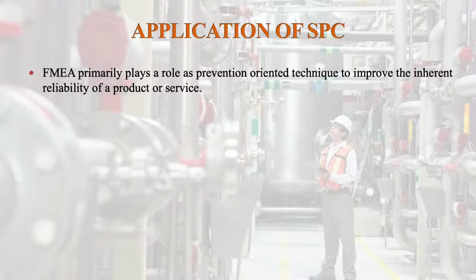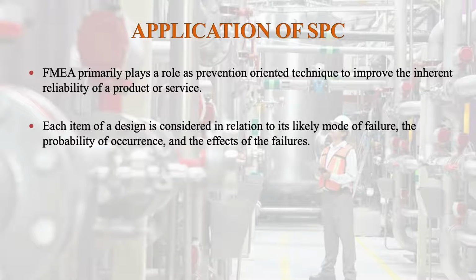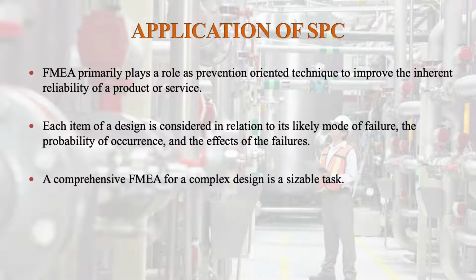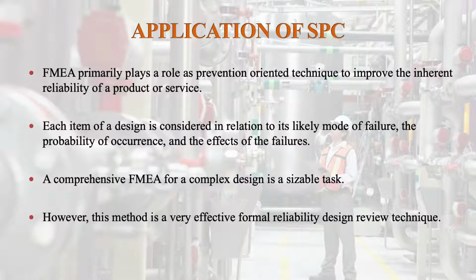FMEA primarily plays a role as a prevention-oriented technique to improve the inherent reliability of a product or service. Each item of a design is considered in relation to its likely mode of failure, the probability of occurrence and the effects of the failures. A comprehensive FMEA for a complex design is a sizable task. However, this method is a very effective formal reliability design review technique.